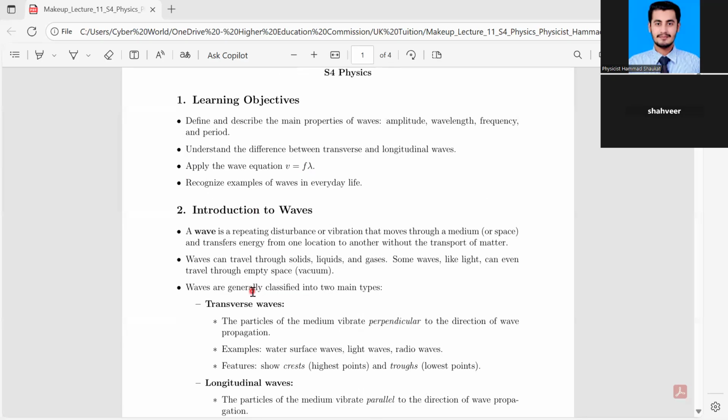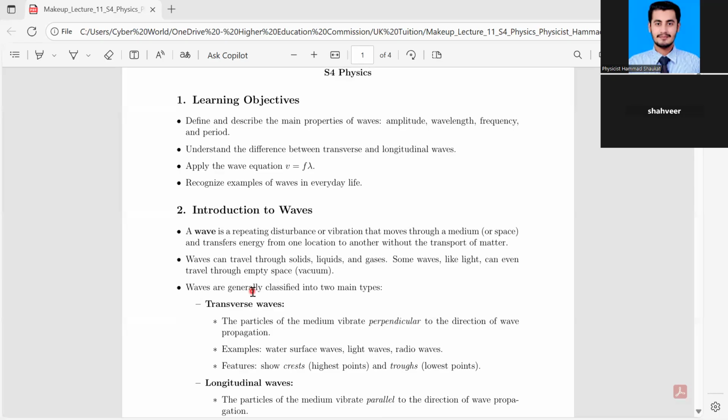So let's start with the introduction of a wave. What is basically a wave? How can you define a wave? You can simply define a wave like this: a wave is basically a disturbance in a medium. If there is no disturbance in the medium, there is no wave.